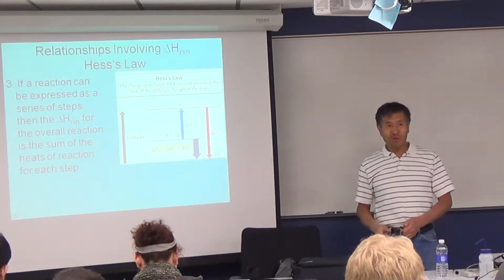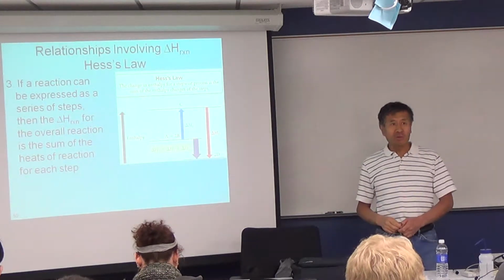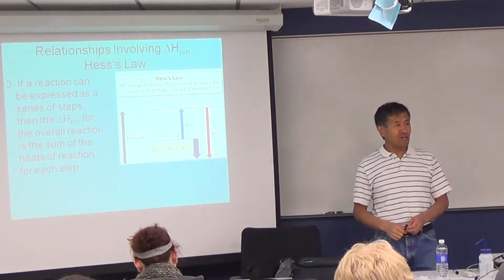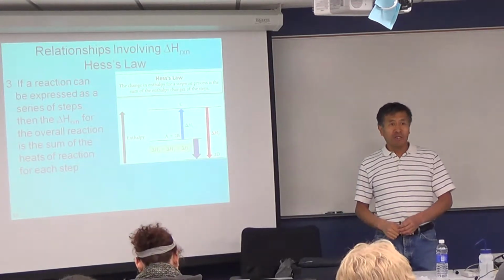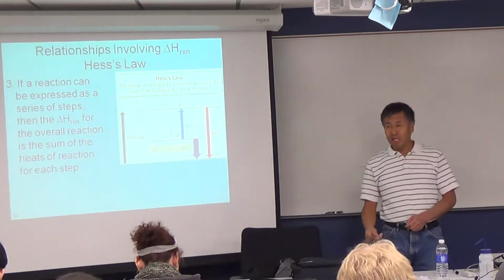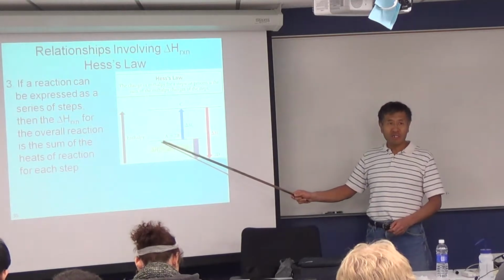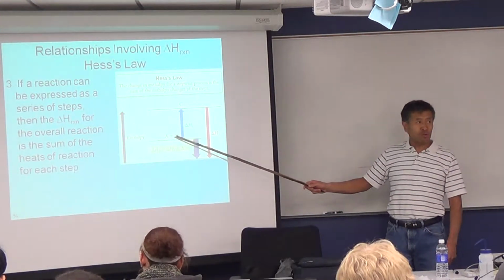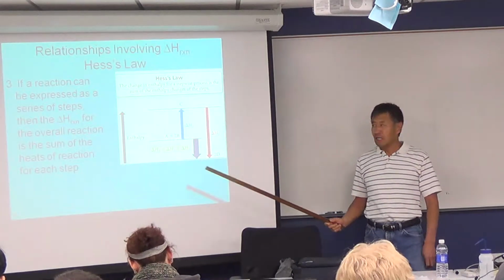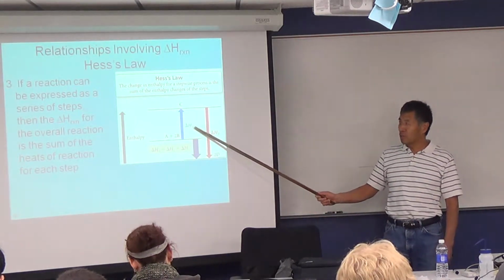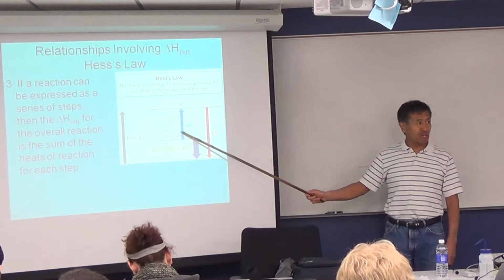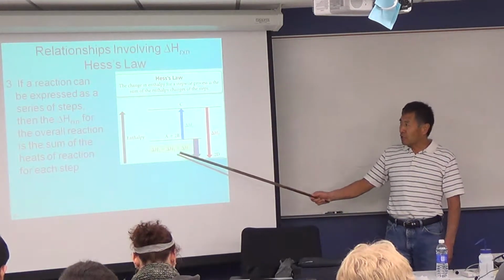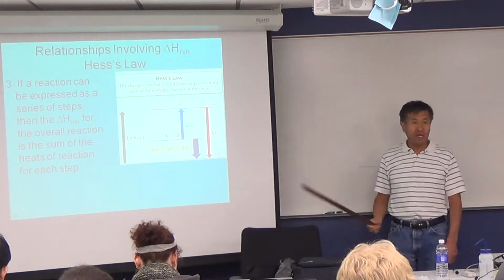That means in order to use number 3, you have to think about what we just learned, number 1 and number 2. Number 3 just tells you if you have some chemical equations, in this picture you have 3 equations, you can think about 3 reactions. We call them delta H1, that means for reaction 1, and delta H2 for reaction 2, and delta H3 for reaction 3. Right?